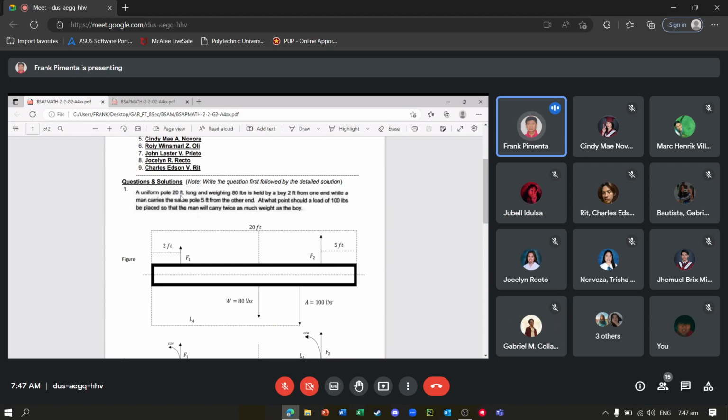The length of the uniform pole is 20 feet, so this is L. The weight of the pole is 80 pounds, there, W. And the boy is exerting a force 2 feet from one end, so this 2 feet, and 5 feet on the other end for the other boy. The boy and the man.